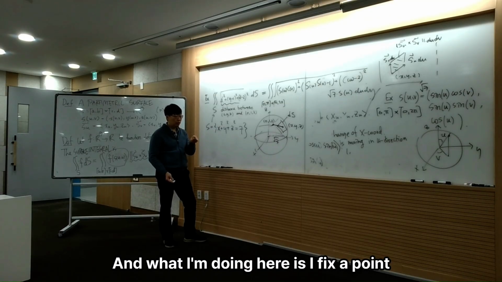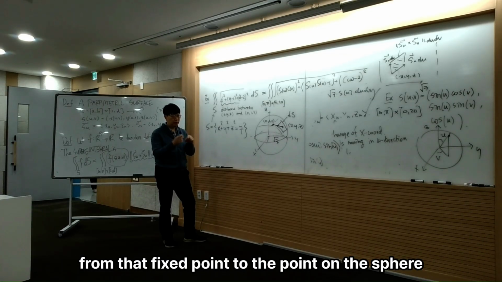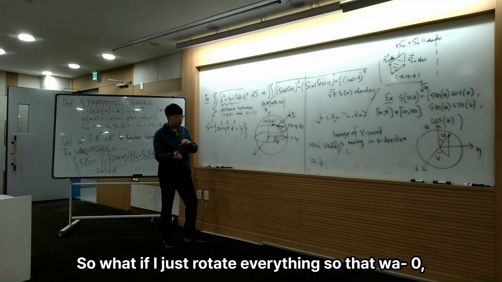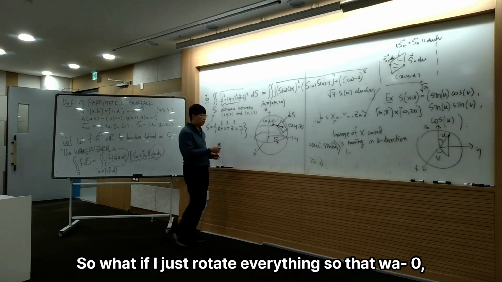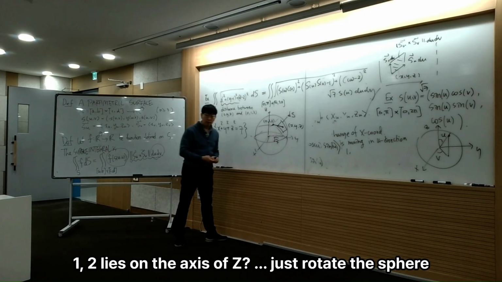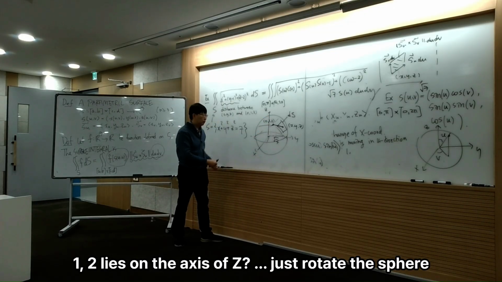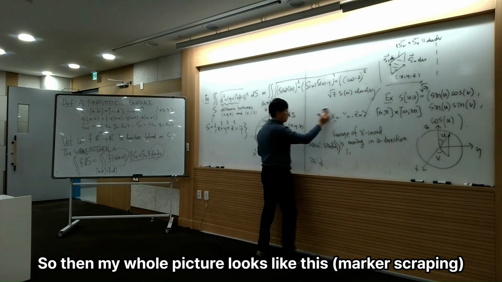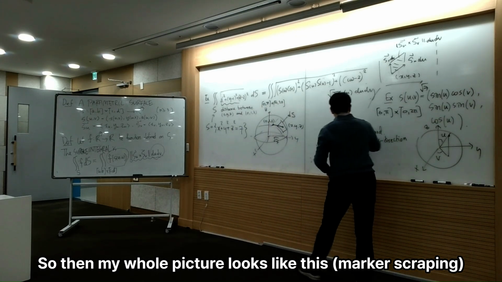What I'm doing here is I fix a point and take the distance from that fixed point to the point on the sphere. So what if I just rotate everything so that 0, 1, 2 lies on the axis of z? Just rotate the sphere. Then my whole picture looks like this.